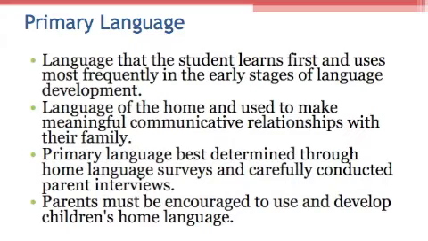And the important concept to know about this is that parents must be encouraged to use the primary language at home with their students and to demand that their students answer them, to continue that dialogue, because they may be the only environment in which children can continue to develop that primary language. And it's critical that they develop that language base.